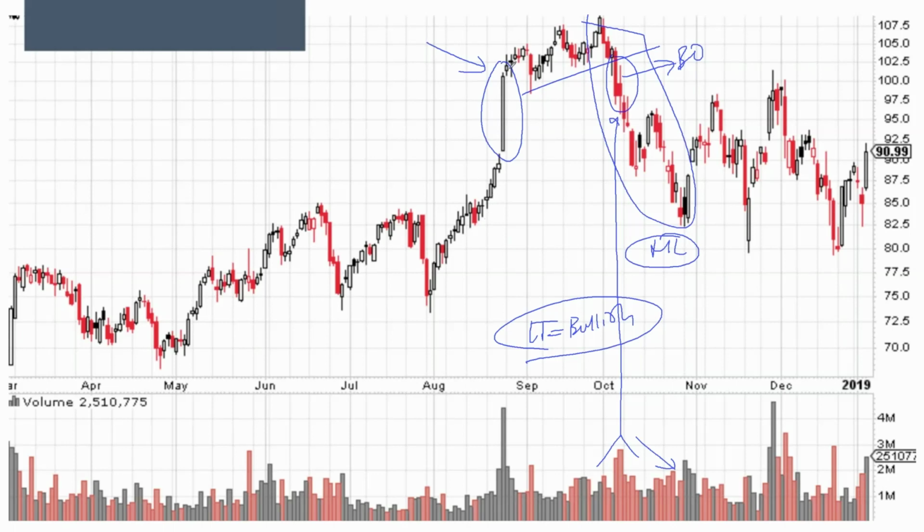A big, quick advance from, let's say, 73, 72 into the high, above a hundred. And what are they going to do here? That's 50% in a month.